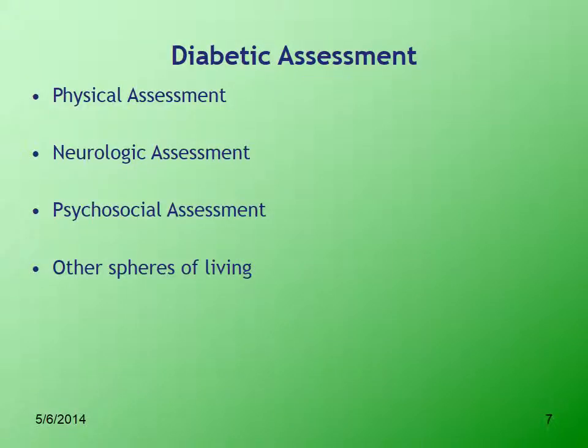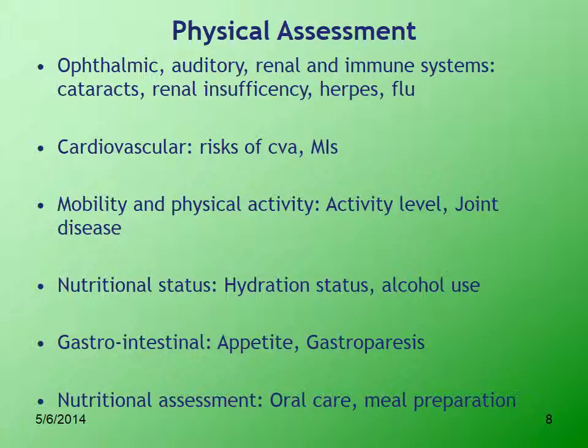A complete diabetic assessment must be obtained before diabetic education teaching, and it should include a physical assessment, neurologic assessment, psychosocial assessment, and other spheres of living. The physical assessment should include the ophthalmic, auditory, renal, and immune systems.